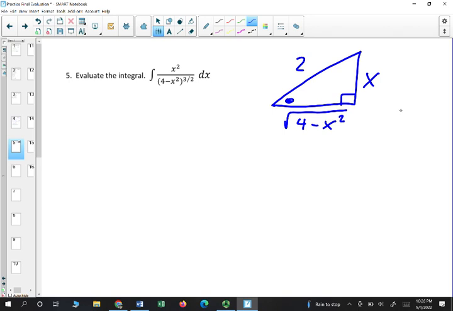So our x would be equal to 2 sine theta, dx will be equal to 2 cosine theta d theta. We could rewrite sine theta, saying sine from the triangle is opposite over hypotenuse, so x over 2.